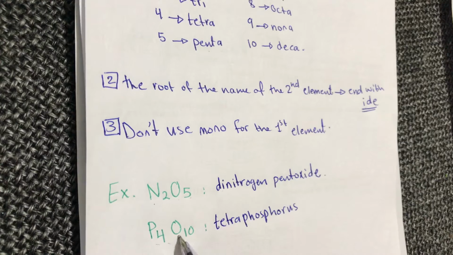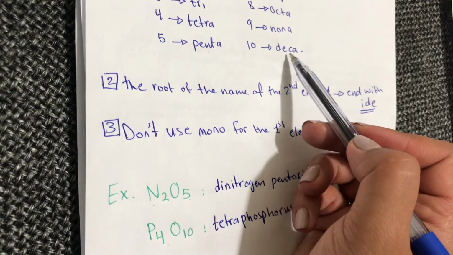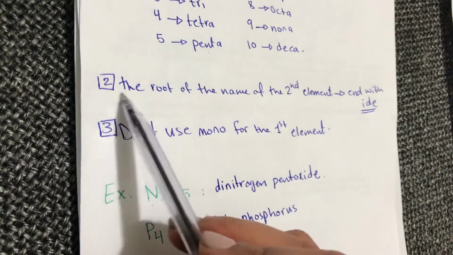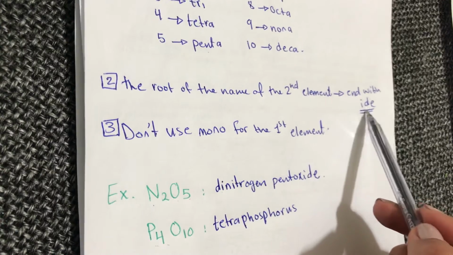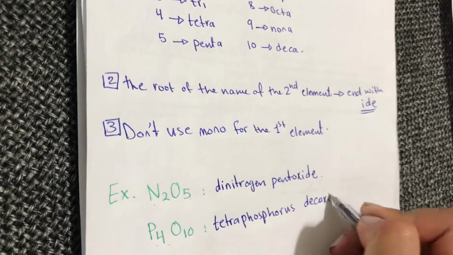Now oxygen, how many oxygen atoms? 10. So the prefix that indicates 10 is deca. And the second element, as rule number 2, must end with IDE. So decoxide.